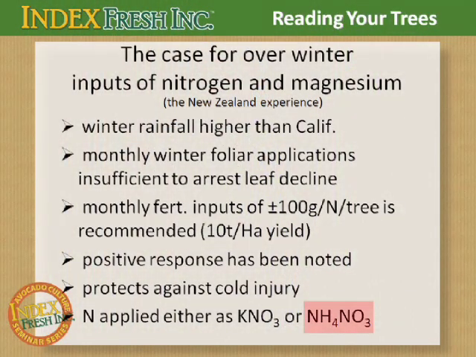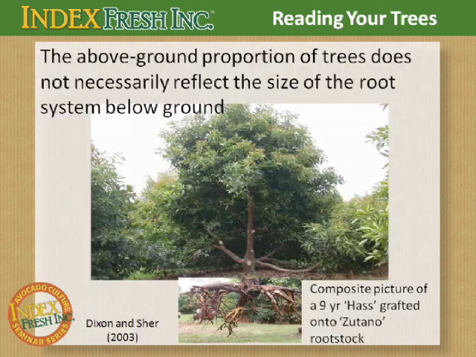So here we use ammonium nitrate, NH4NO3, or we use potassium nitrate over here. So that's the approach that we take in order not only to keep our leaves green, to maximize carbon assimilation over winter, but also to get longer lifespan out of our leaves.